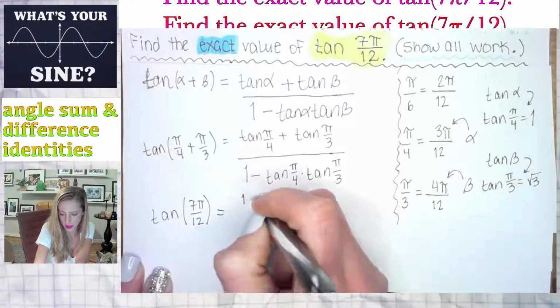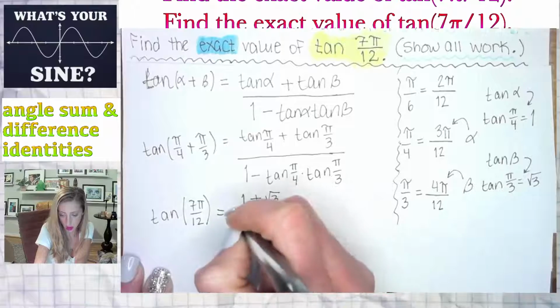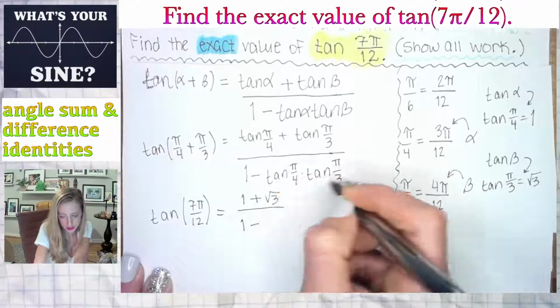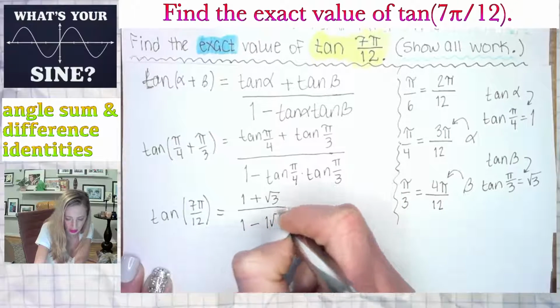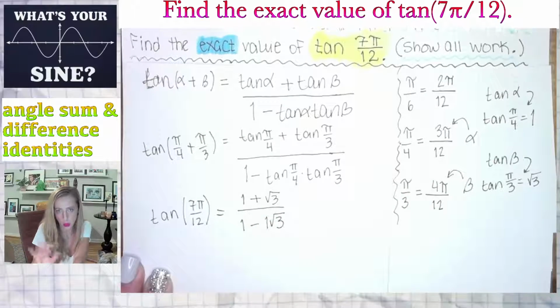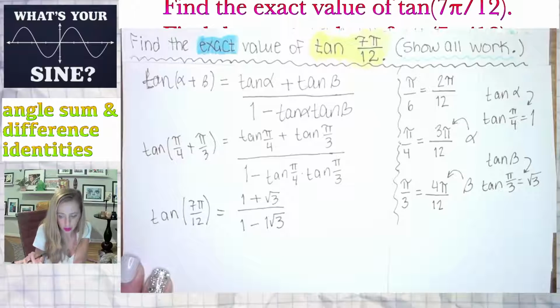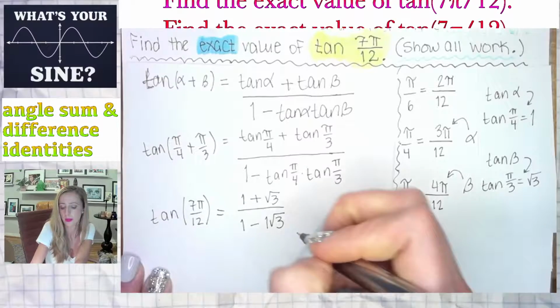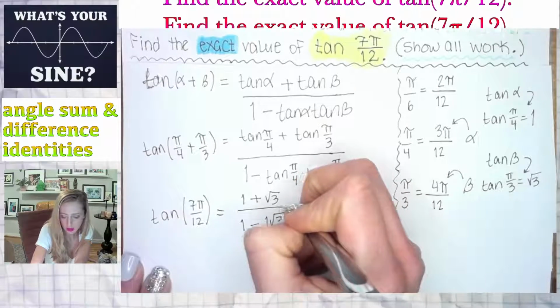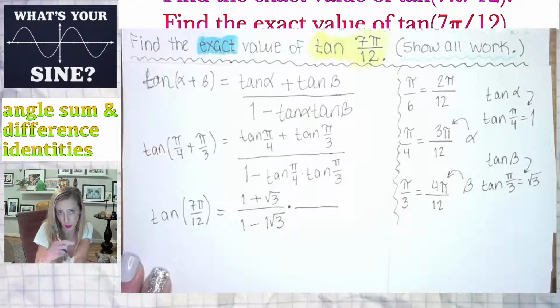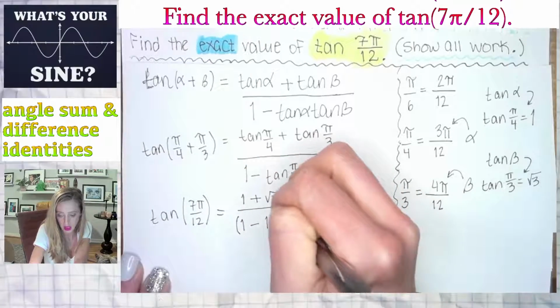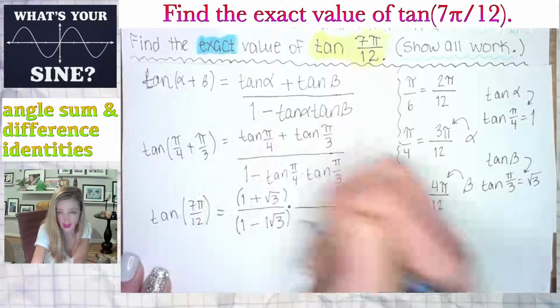Then we get 1 plus root 3 over 1 minus 1 times root 3. I could write it like that. That 1 isn't really necessary out front, right? We could just scribble that guy out. He's invisible. Now, again, another reason why you should be watching part 1 first. Before this, I really went into detail explaining what we do to rationalize our denominator.